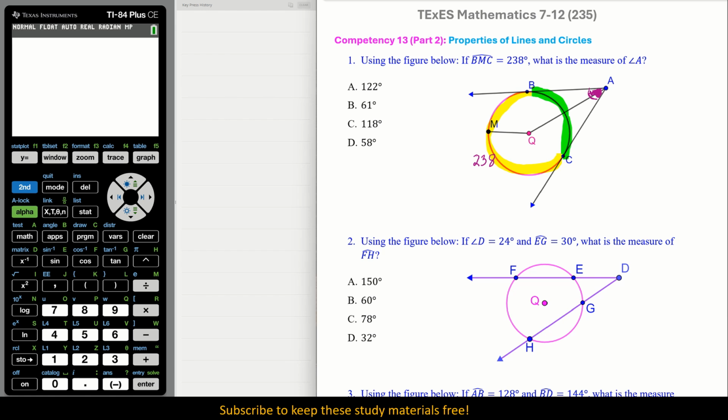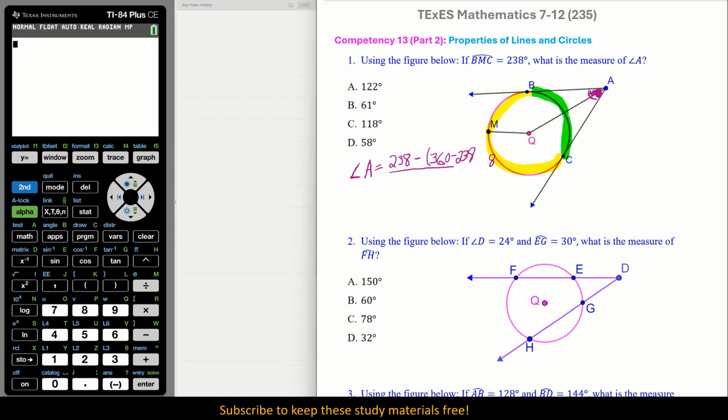I know that in order to get angle A, angle A equals 238 minus, 360 minus the 238.